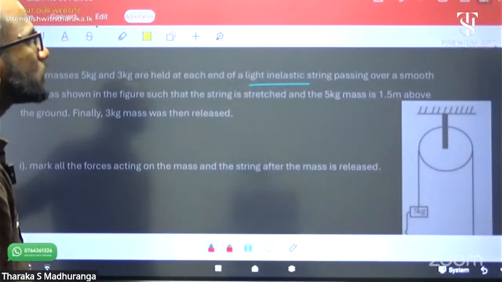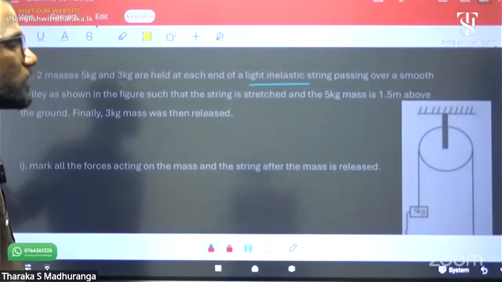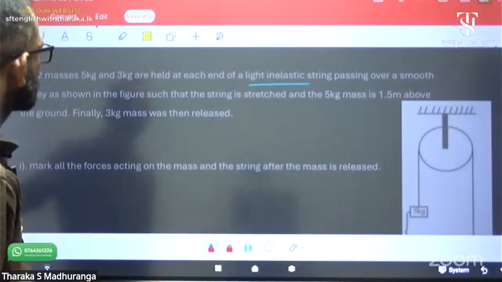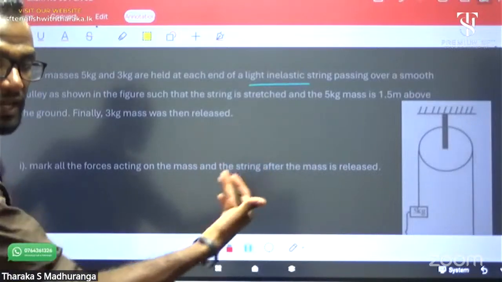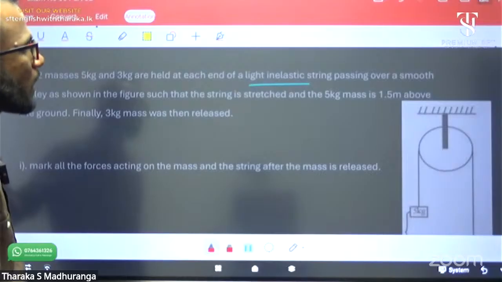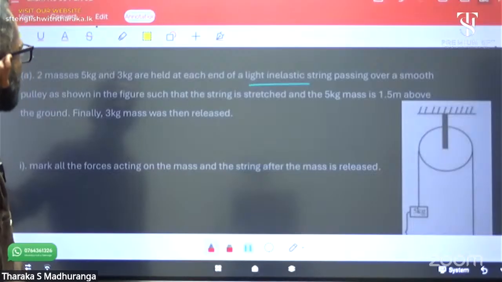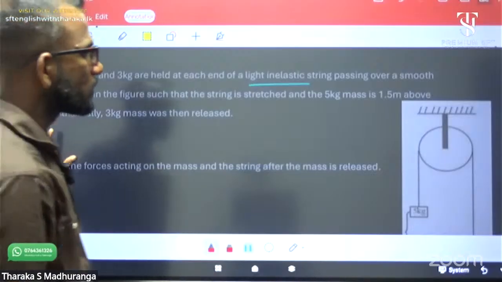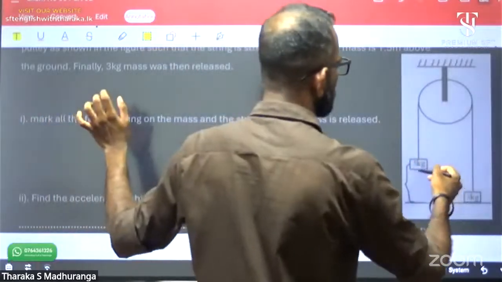String passing through a smooth pulley. Smooth pulley means no friction. There is a friction, but we can neglect this, right? As shown in the figure, such that the string is straight and 5 kilogram mass is 1.5 meter above the ground level.